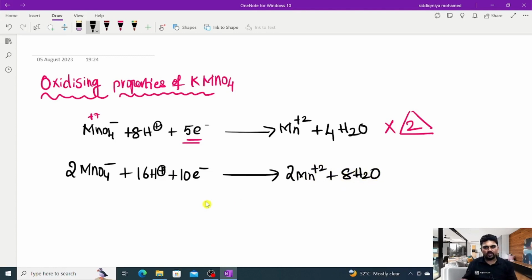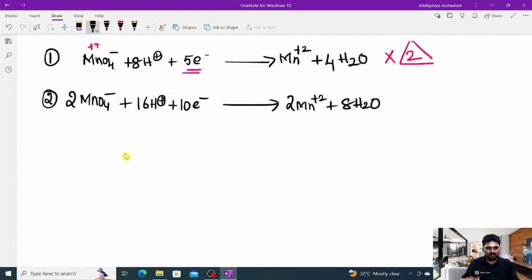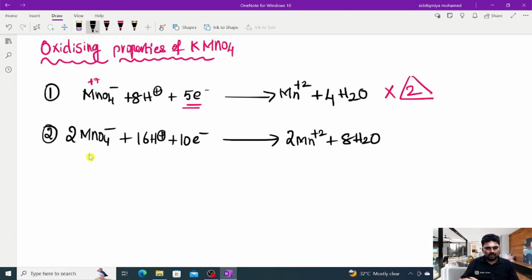Understood, students? If some reactions involve 5 electrons, we take the first equation; if some involve 10 electrons, we take the second equation. You will see as I explain the equations.